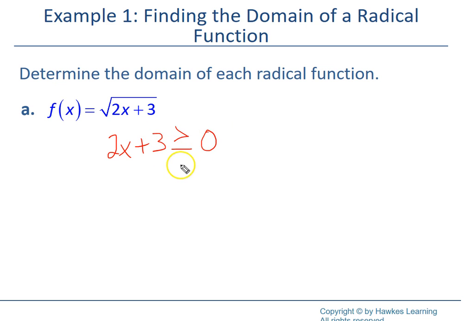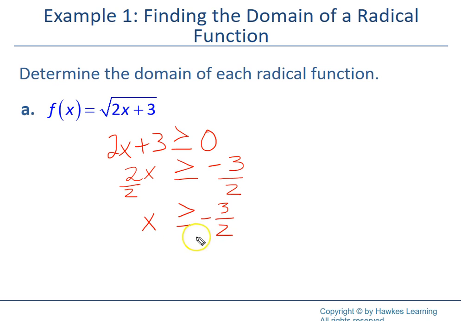So we just transpose that, and on this side it becomes a -3, and we have 2x, and we divide both sides now by 2, and we have x is greater than or equal to -3/2.